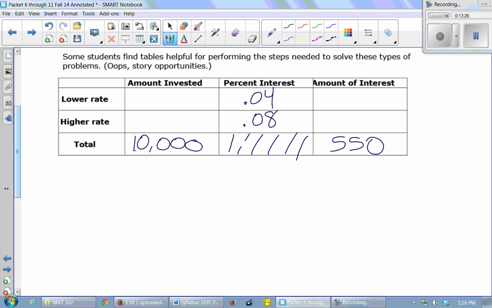Total interest earned. And what did they ask me? How much should we invest in each fund? So let's have X be the amount we put at the lower rate and Y be the amount we put at the higher rate. And I should write that down.